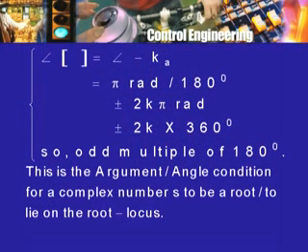So I can write it as pi plus minus 2k pi radians, or what turns out to be an odd multiple of 180 degrees.